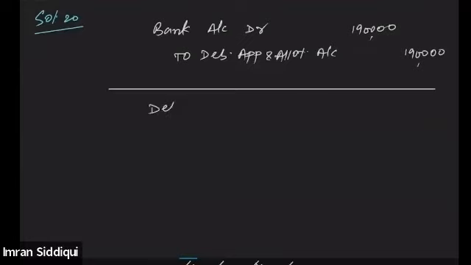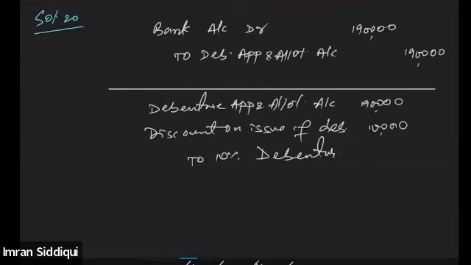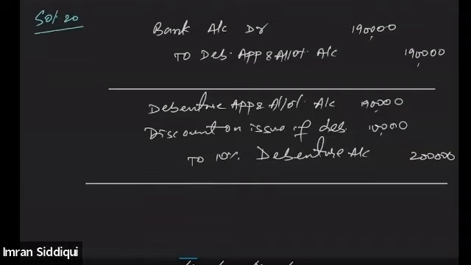Next entry will be debenture application and allotment account 1,90,000 debit, discount on issue of debenture account debit, to 10% debenture account 2 lakh. Right? This is the entry that we'll do for the issue of debenture.